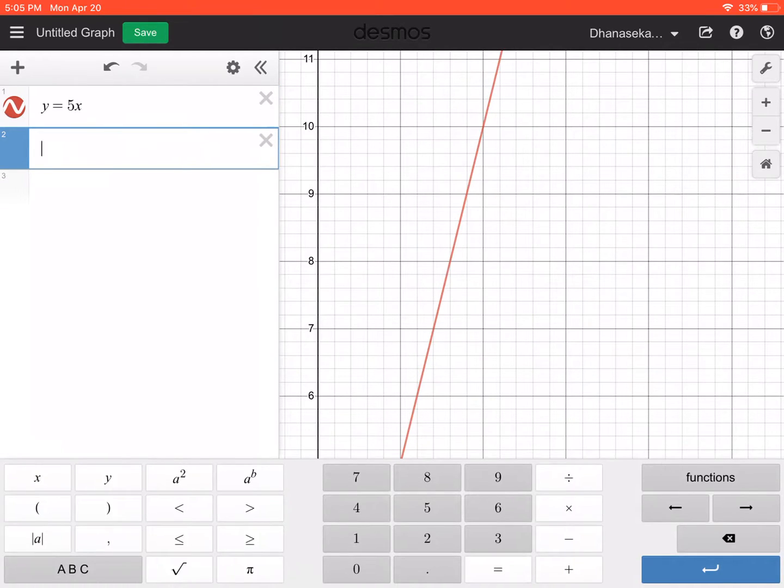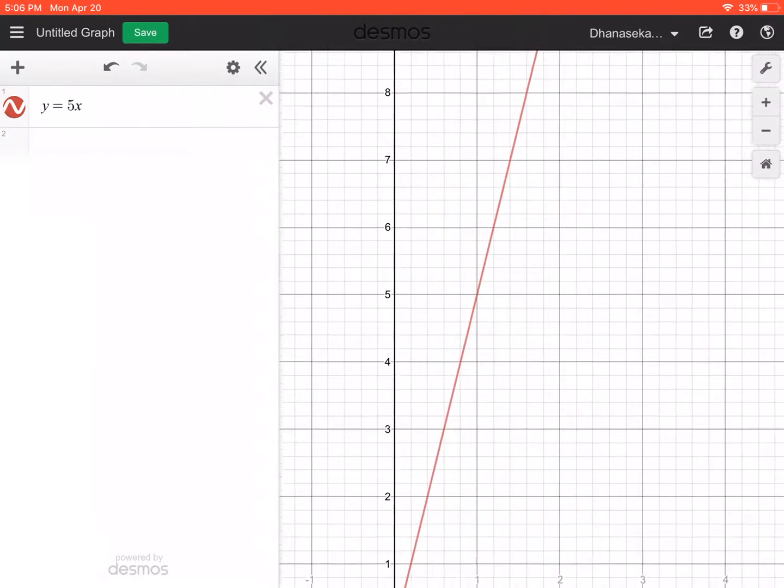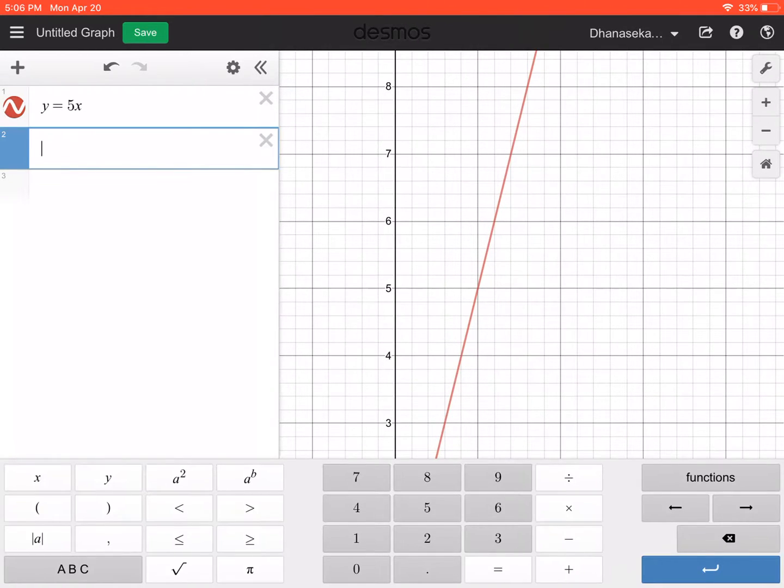But what if we have a line that is something like this?